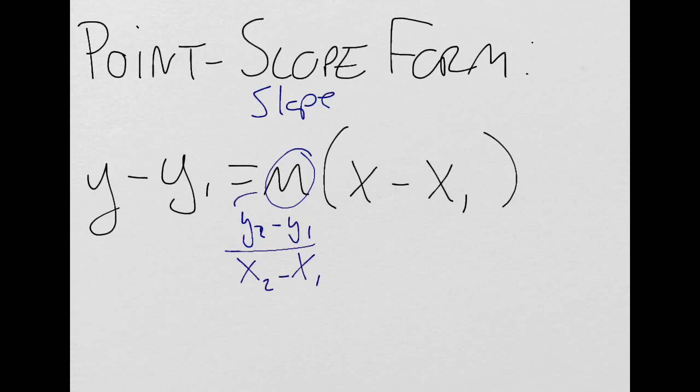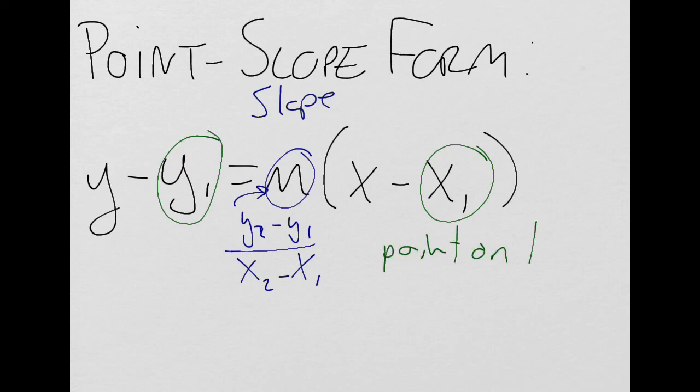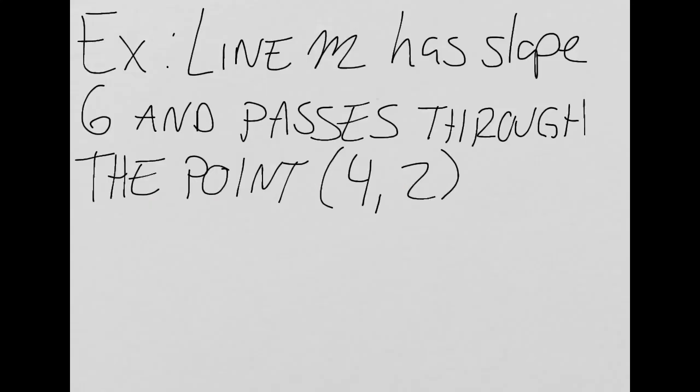That's how we find the slope there. And then these guys, y1 and x1, these are a point on the graph or a point on the line. And it would be of the form x1, y1.